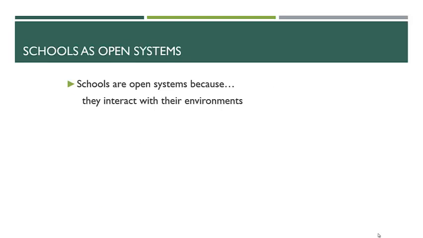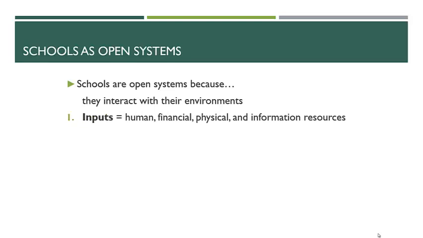So getting into a little bit of theory here, I want you to think of schools as an open system, okay? The opposite of that would be a closed system. By an open system, we mean that the school operates and interacts with the environment around it.